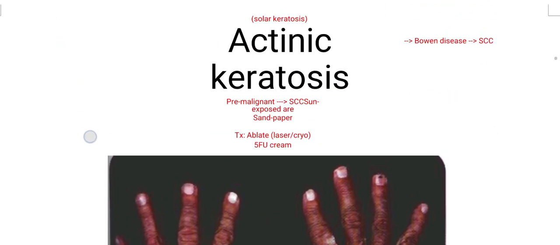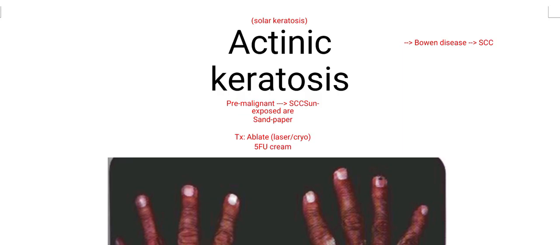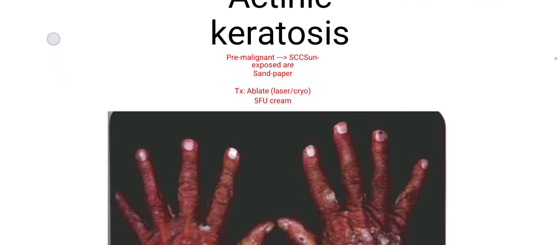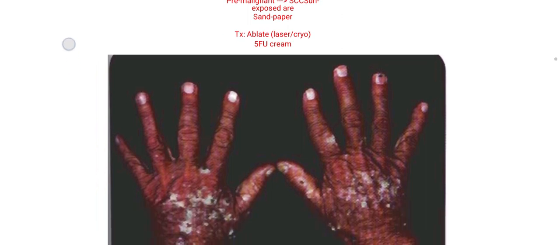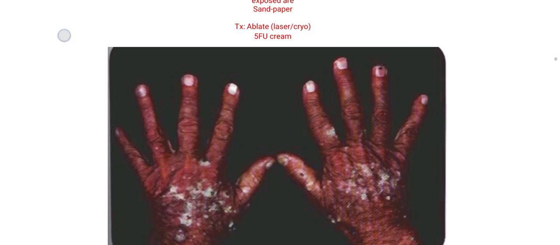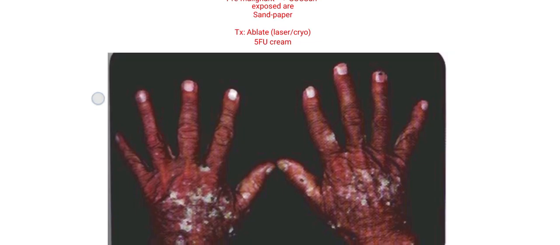This is the case of actinic keratosis, also called solar keratosis. Actinic keratosis is pre-malignant. It can be caused by sun exposure. I will try to show you a very clear picture.